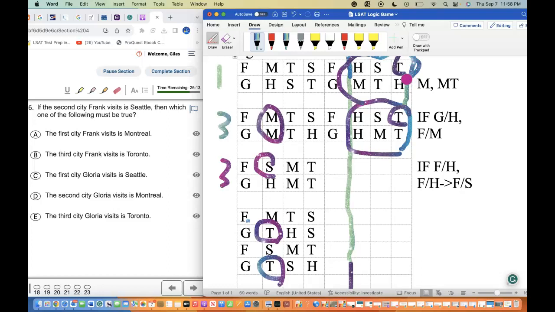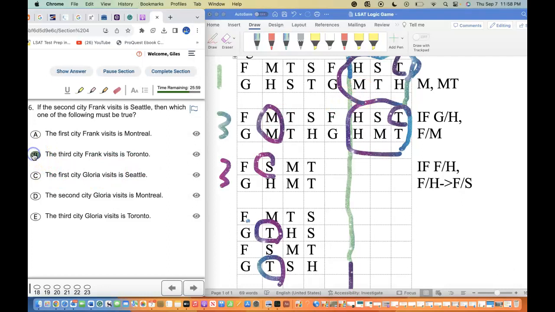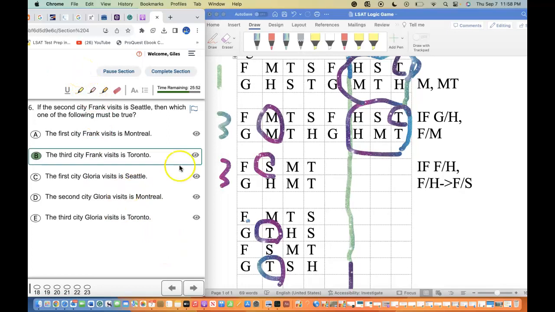The first city Gloria visits is Seattle, I don't see that to be true. The second city Gloria visits is Montrose, yeah, I see that to be true in 1. The third city Gloria visits is Toronto, I see it to be true in 1 as well. But for Frank visiting Toronto, the third city being Toronto for Frank, I see that I'm both correct, and also the answer is correct as well.